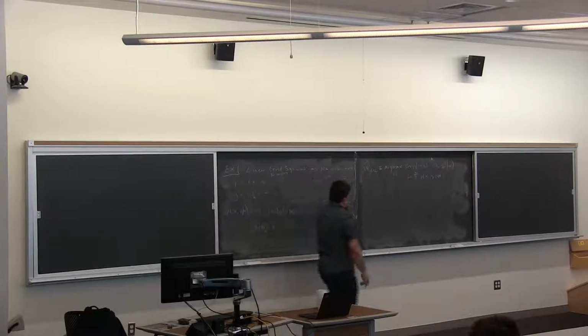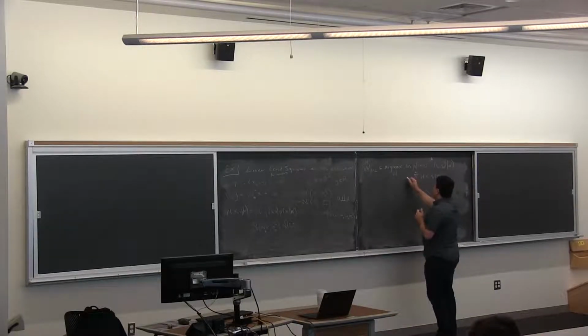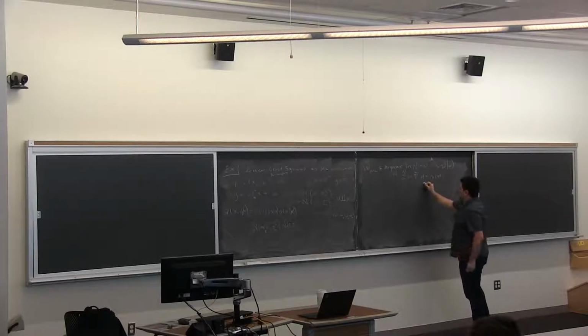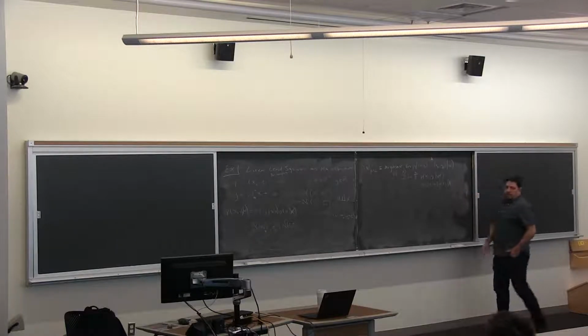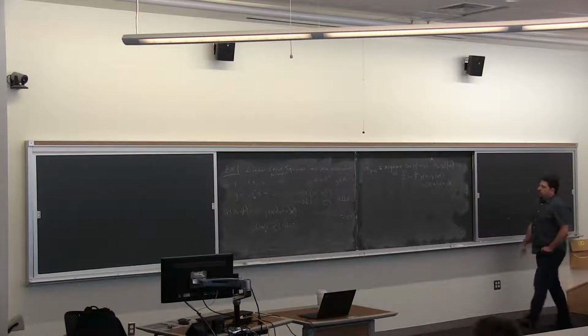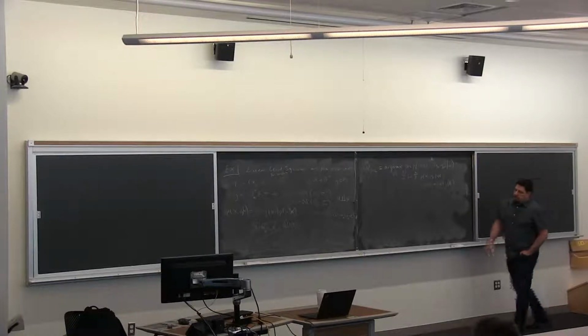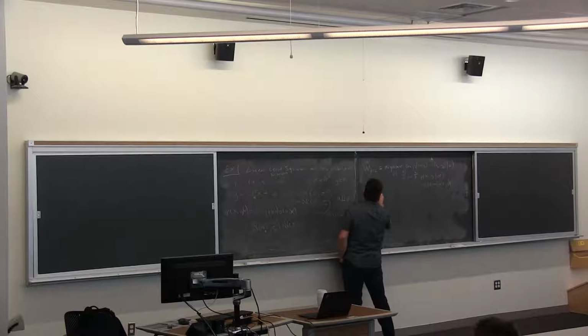Okay, so I'm going to plug in this PDF here. First I'll make this a summation. And then I'll break this as P of yi given xi and w times P of xi given w, but x is independent from w, so x conditioned on w has the same PDF as x. Okay, so let's do some substitutions.